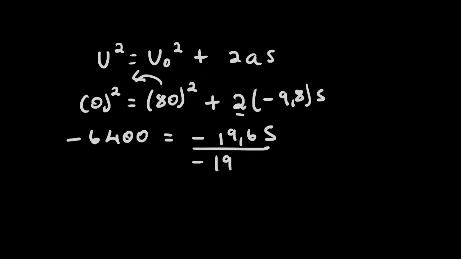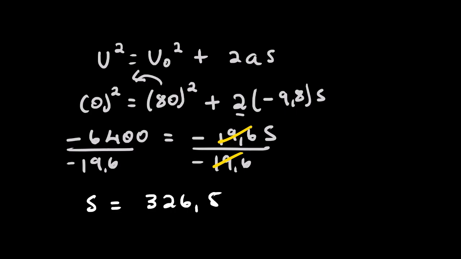Then we divide by negative 19.6 both sides. Then this divided by this will be 1 multiplied by displacement, and then equals to 326.531 meters. So this is the displacement from B to C.